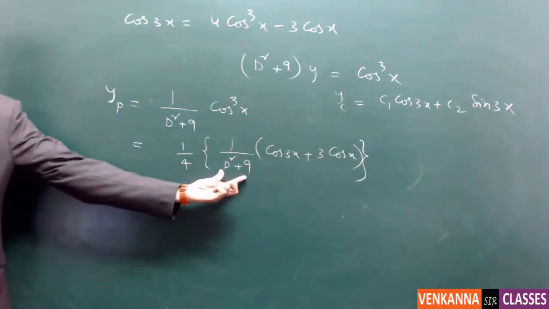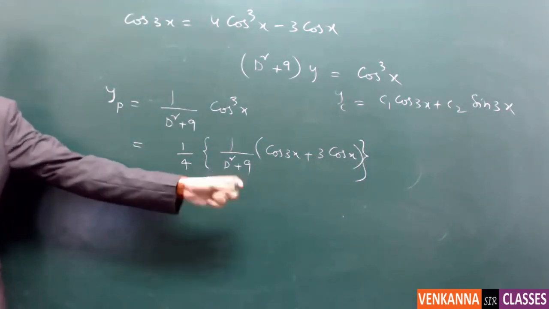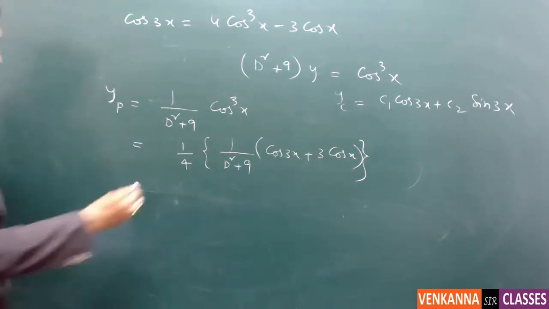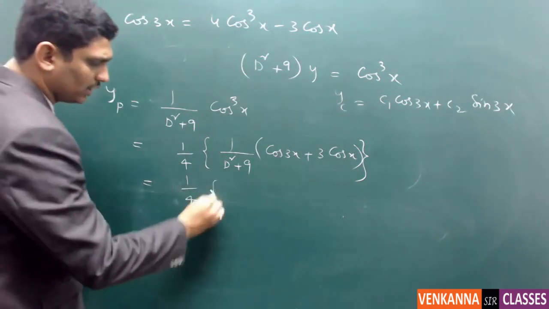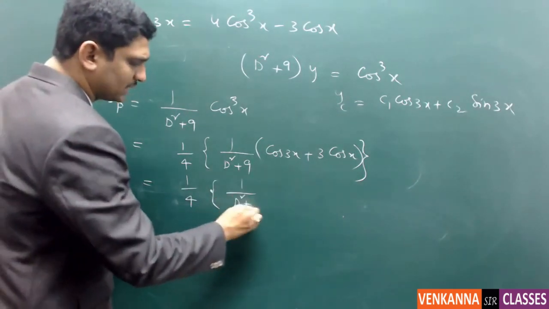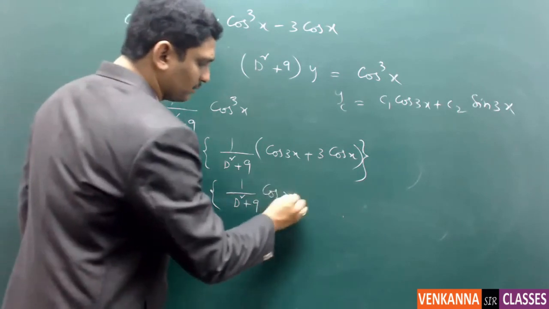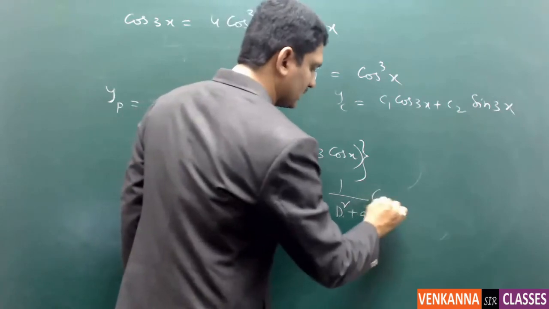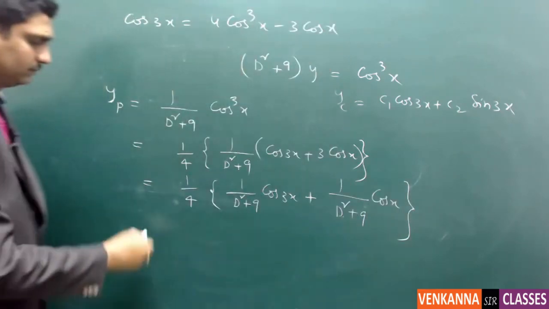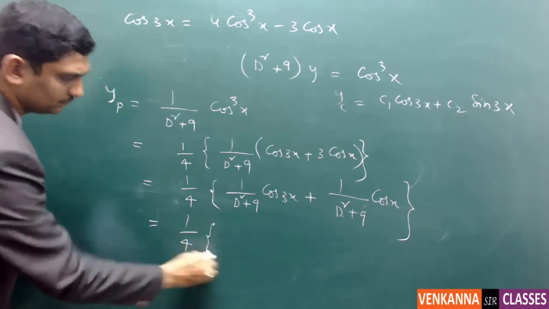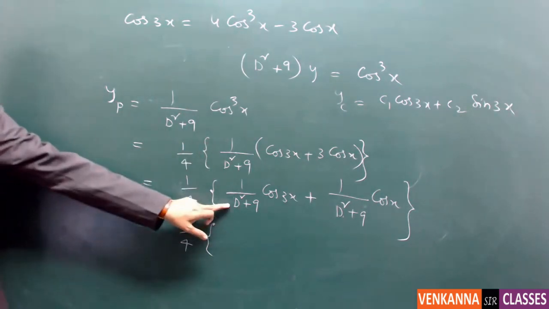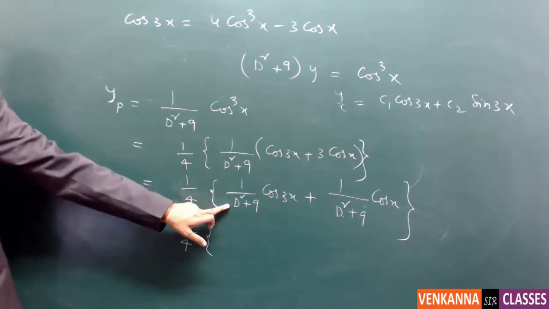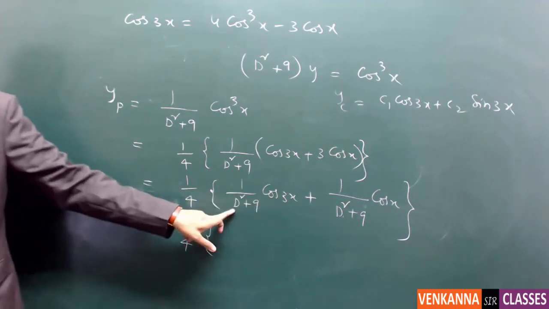Now, this denominator belongs to both the functions, so apply individually. So 1 by 4 into 1 by (D square plus 9) cos 3x plus 3 into 1 by (D square plus 9) cos x, which gives, now here if you replace D square with minus 3 square, the denominator gets undefined.